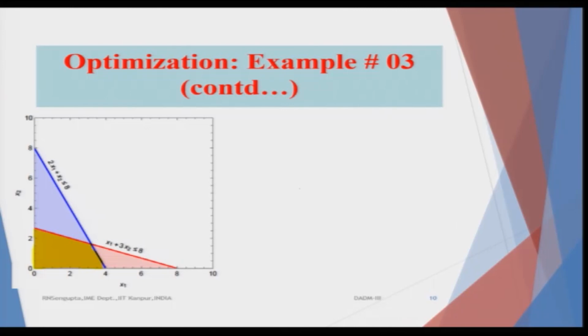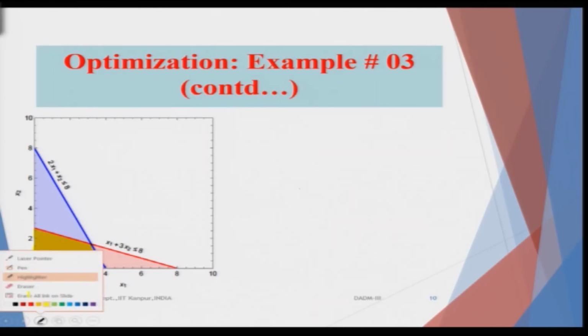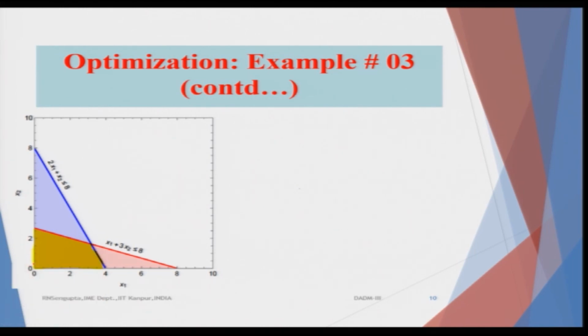Now, before I come to the objective function, look at this space. If I find the actual points, I will mark them and then erase again. So, let me go one by one. This point is 0, 0. This point is, with 2x1 plus x2 less than or equal to 8 and x2 is 0, x1 is 4.